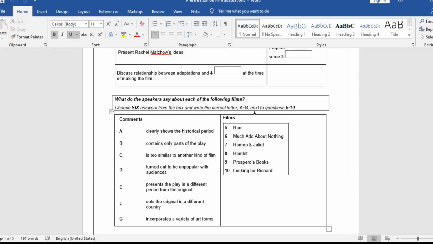Exactly. Then there's Prospero's Books, based on The Tempest. That was really innovative from a stylistic point of view. Didn't it include dance and singing and animation as well as live actors? Yes, it did. I also want to mention Looking for Richard. Did you ever see it?